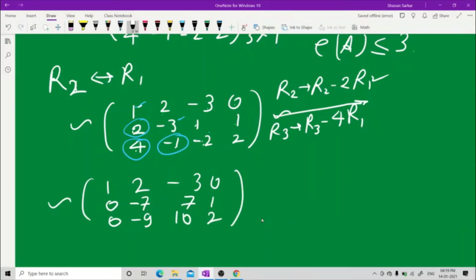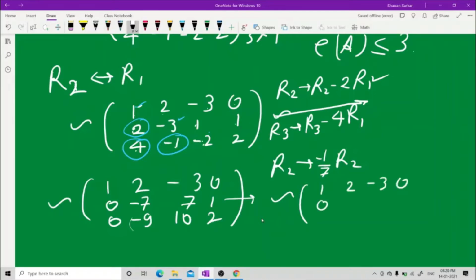Now the objective is to make this 0. So what I'll do is divide this row by minus 7. R2 is replaced with minus 1 by 7 R2. So this becomes 1, 2, minus 3, 0; 0, 1, minus 1, and minus 1 by 7; and this becomes 0, minus 9, 10, and this becomes 2.